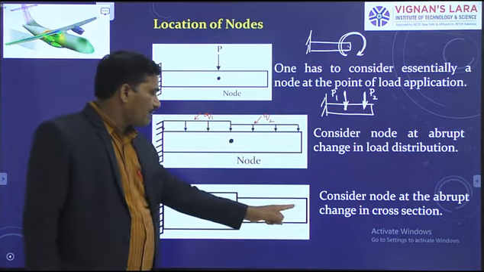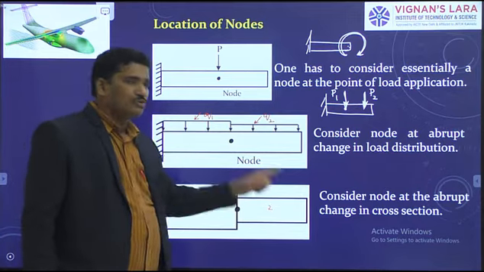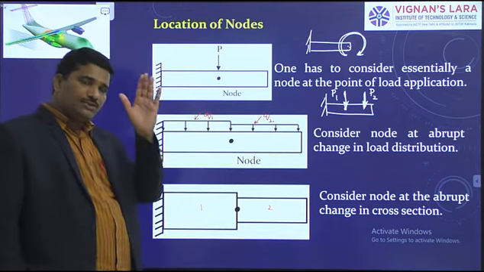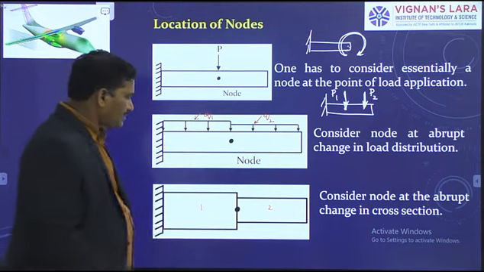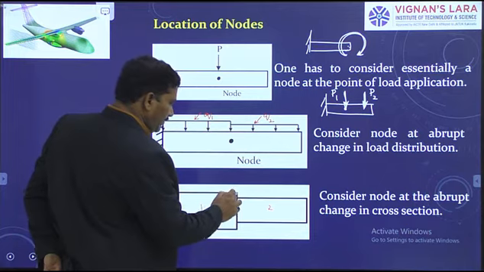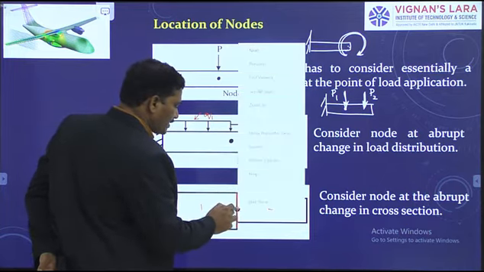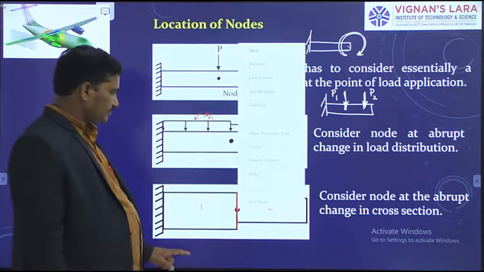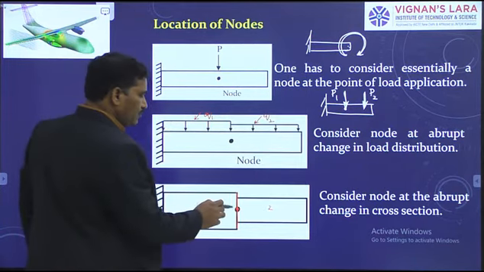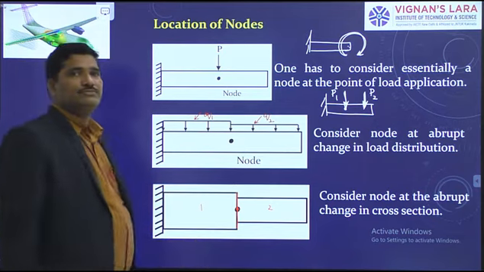The cross section of part 2 is the same throughout its length. Where you see abrupt change in cross section, so here we can see the abrupt change in cross section, hence certainly you have to consider a node here.